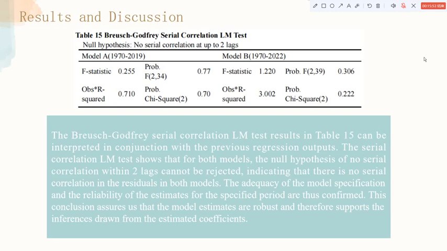The adequacy of the model specification and the reliability of the estimates are thus confirmed. This conclusion assures us that the model estimates are robust and therefore support the inferences drawn from the estimated coefficients.